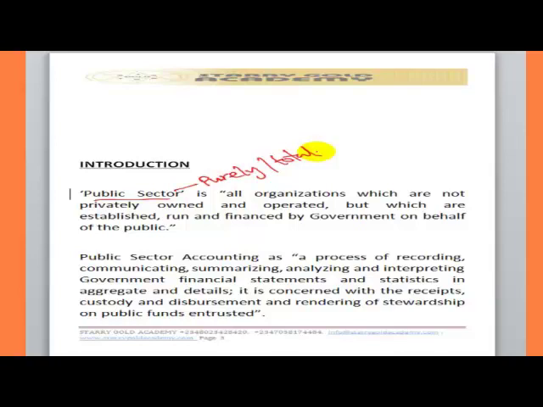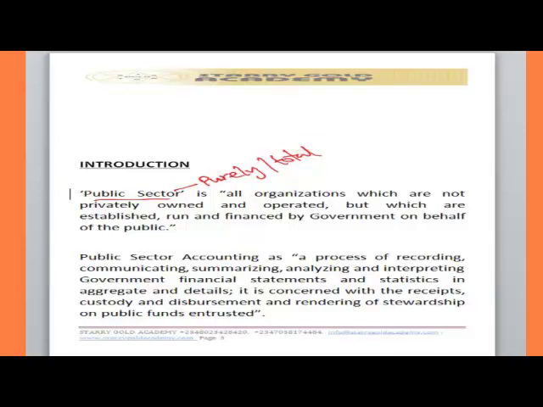That is, all organizations that are purely owned, controlled, managed and operated by the government of the country or the state on behalf of the public, in the interest of the citizen of the country.